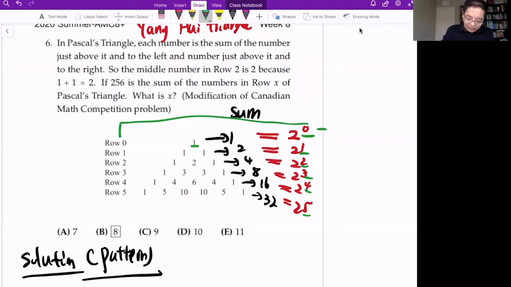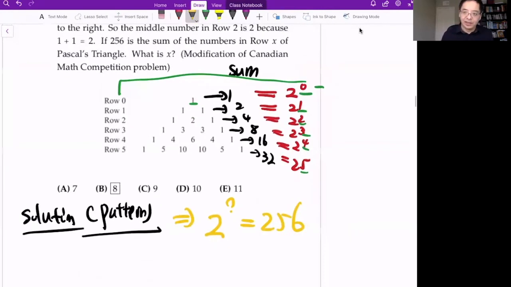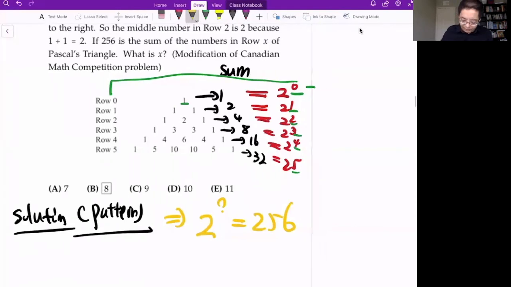Based on this pattern, we are basically looking for the power such that 2 to the power equals 256. If you memorize special numbers, like 2 to the power 10 is 1024, and then you reduce by 4, you get 2 to the 8.